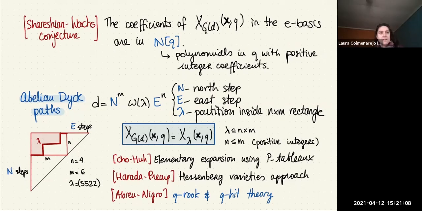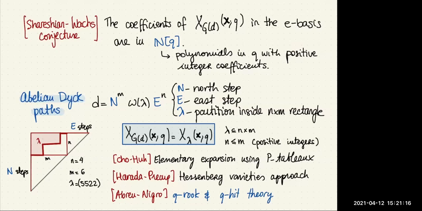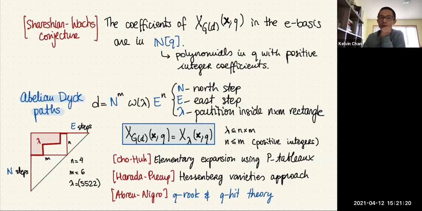Yes. And your question just made me realize something. That might not be true, isn't it? Because do you fix the m and n, or are you allowing n to be slightly smaller?